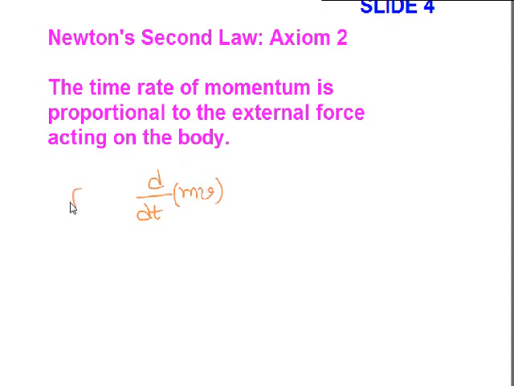So this law says F is proportional to d over dt of mv. This implies that there exists a constant such that F is equal to k times d over dt of mv, where k is the constant of proportionality.